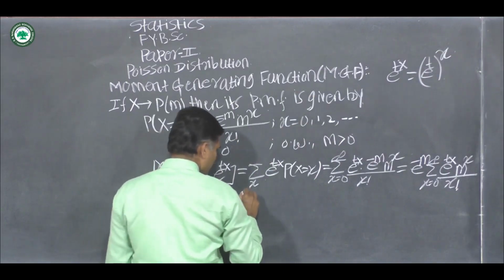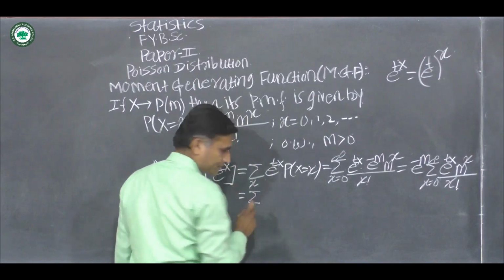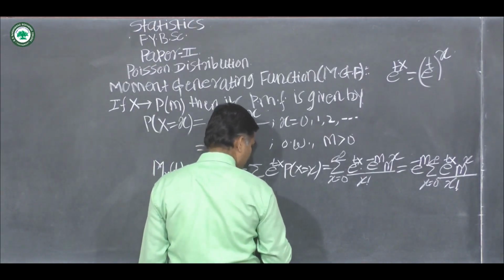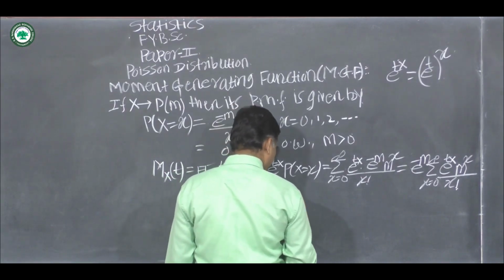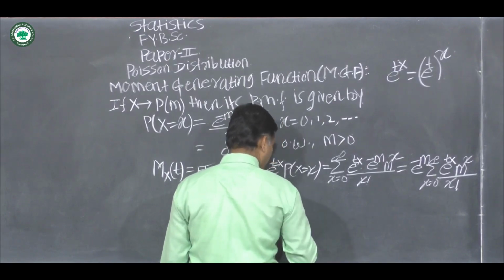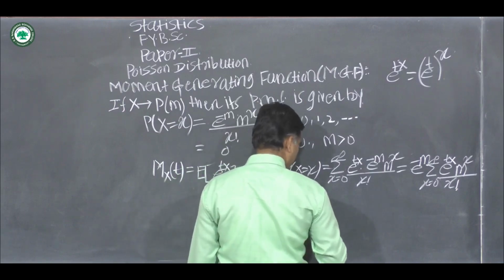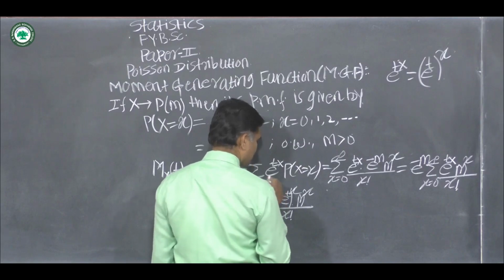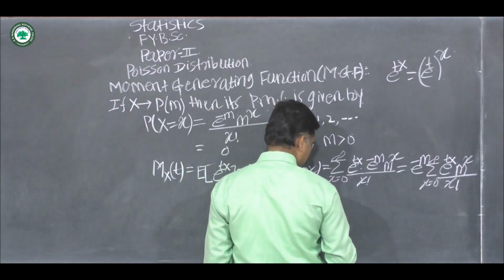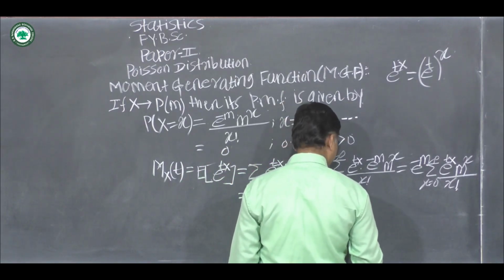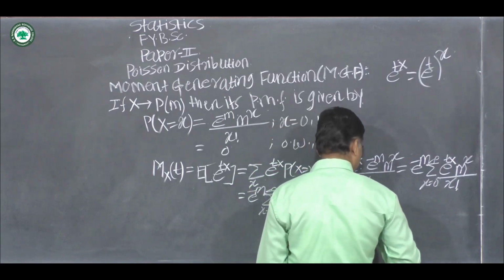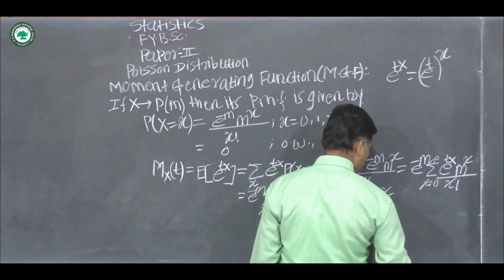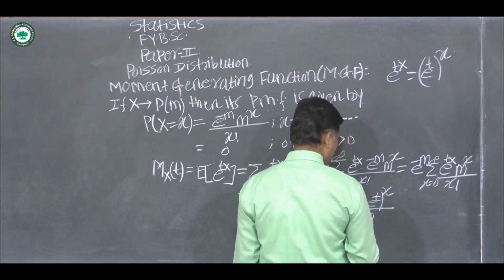So this is e raised to minus m into the summation of m into e raised to t, bracket, raised to x upon x factorial, summation over x running from 0 to infinity.